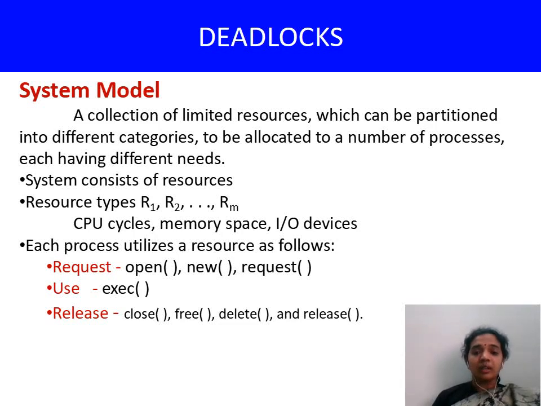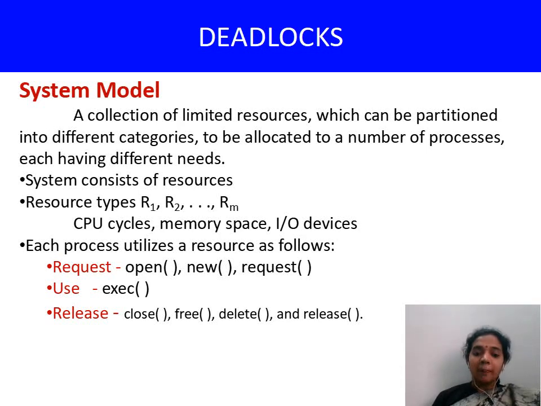If this is not the case, that means if there is some difference between the resources within a category, then that category needs to be further divided into separate categories. For example, a printer needs to be separated into inkjet printer or laser printer.